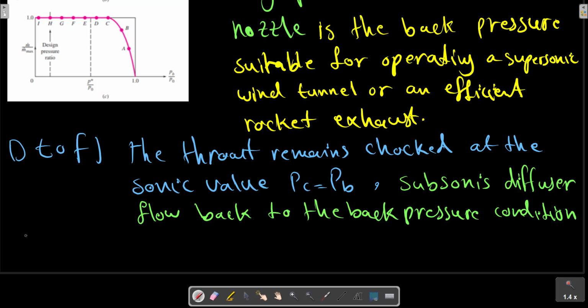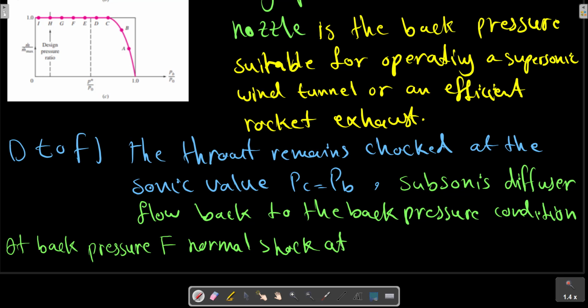Back pressure F: the required normal shock stands in the duct exit.